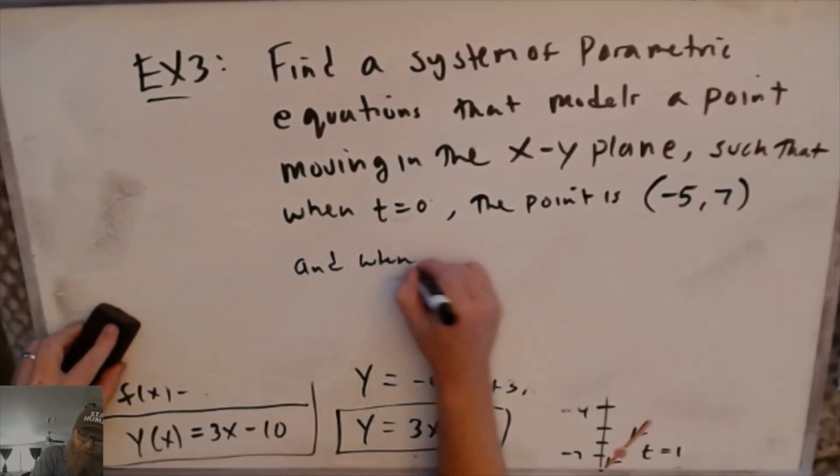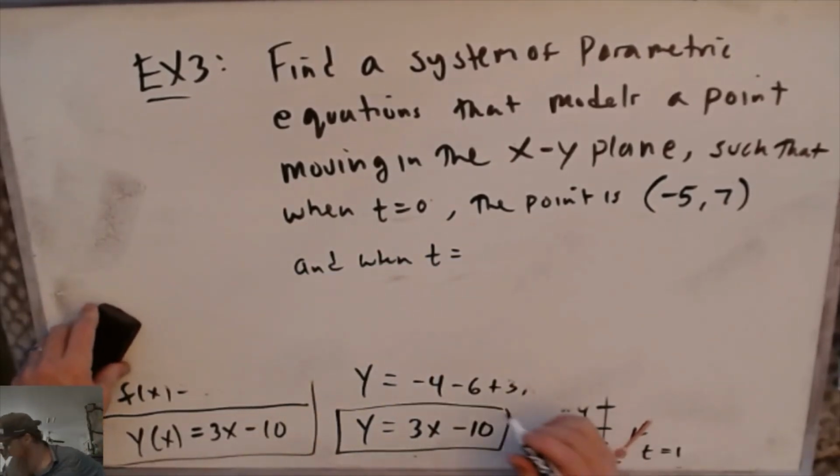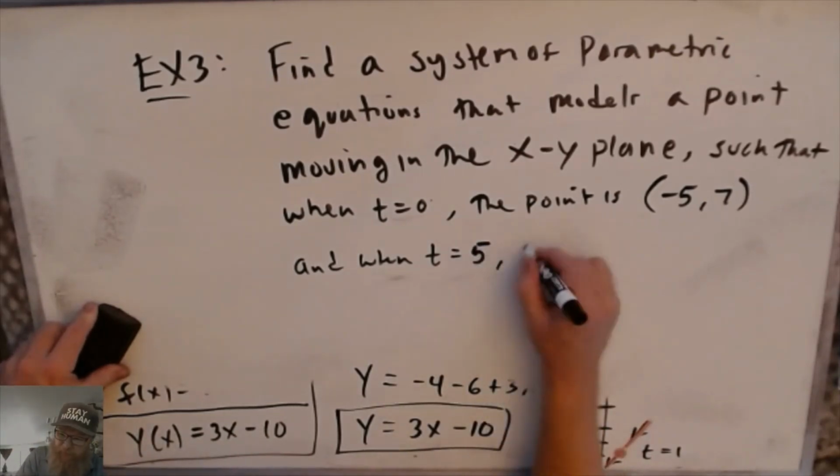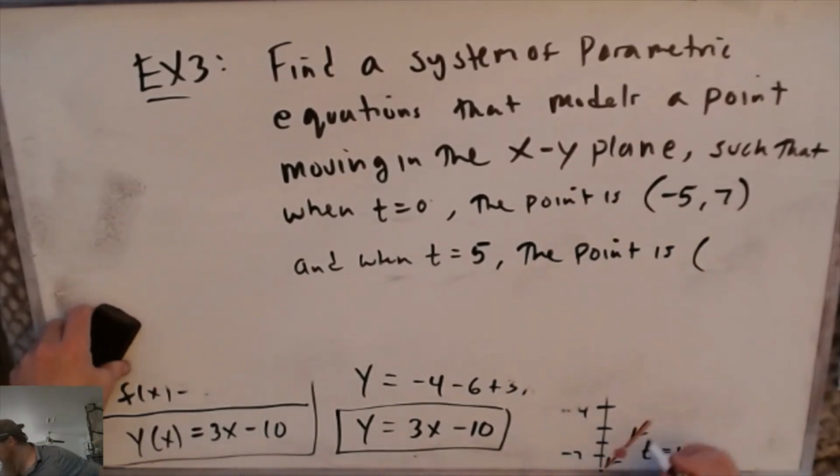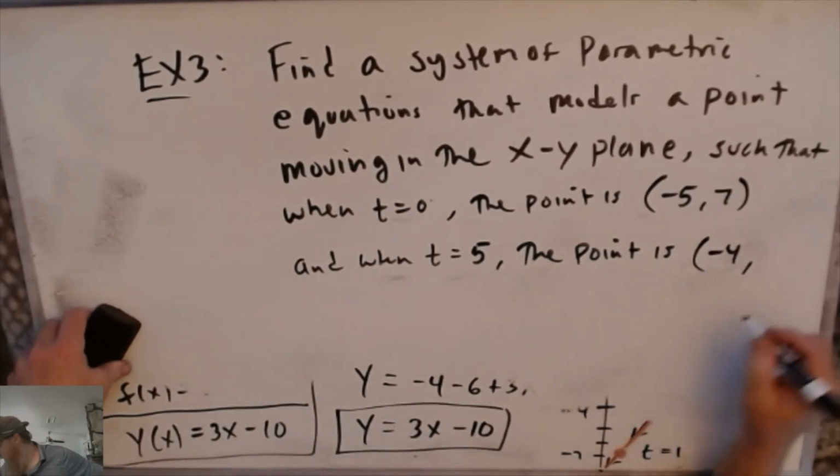And when t is equal to 5, the point is -4 and 5.